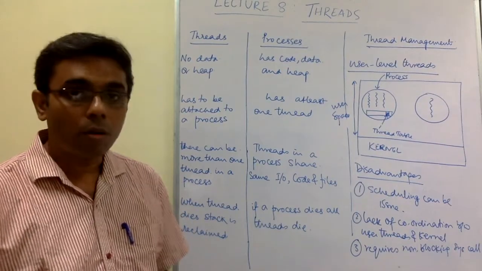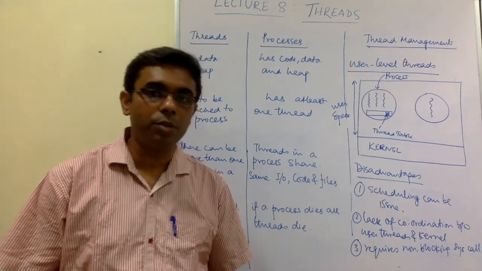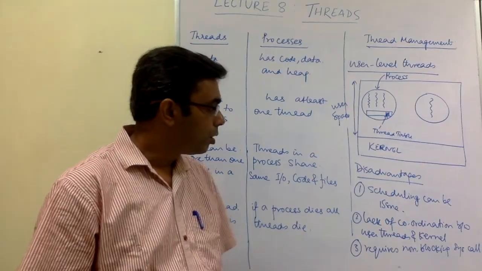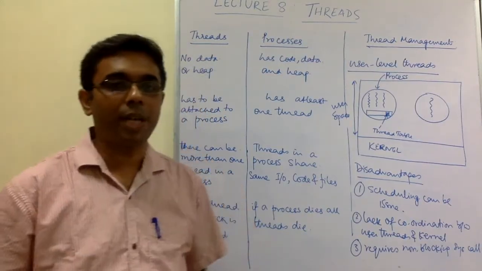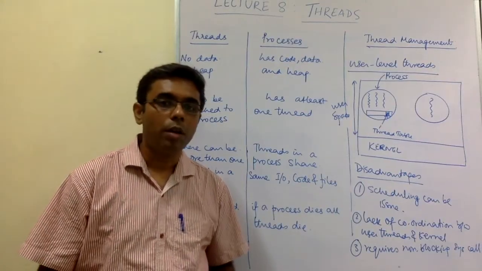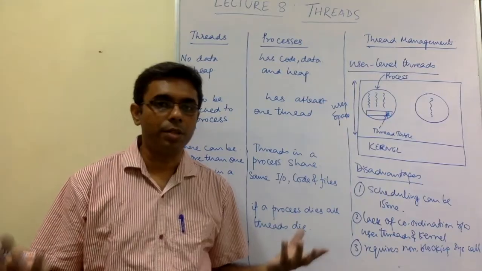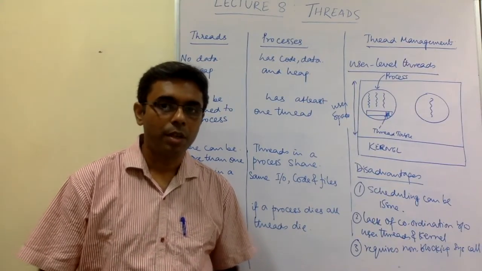So if you are creating threads using a thread library in the user space, you may have a scheduling issue. Then, because there's a lack of coordination, the kernel is unaware, so the same time slice will be allocated for a process with more threads and a process with fewer threads, because the kernel has no information about the threads.